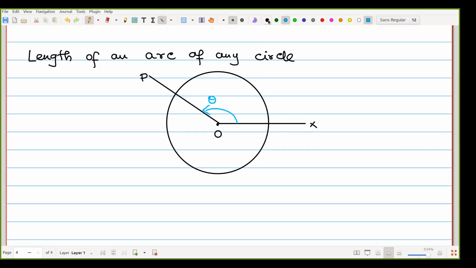Now we are drawing another line. Suppose OX is crossing the circumference at point A and here at point B, and another line is here, that is C. Why we have drawn it? Now that arc value, length of the arc is R.